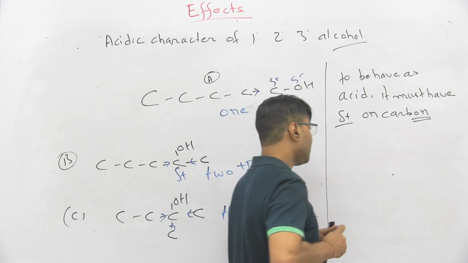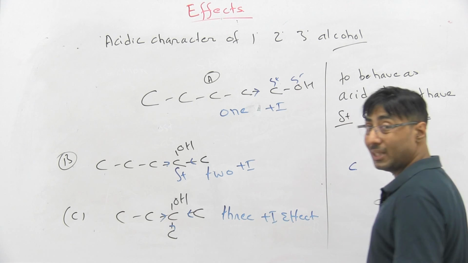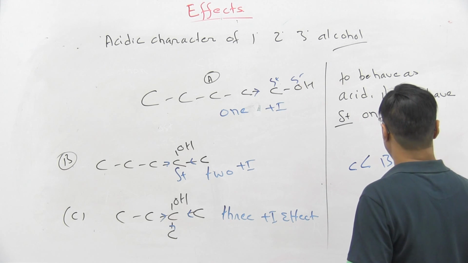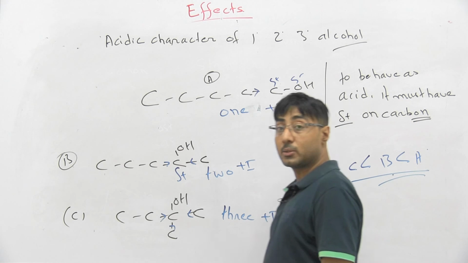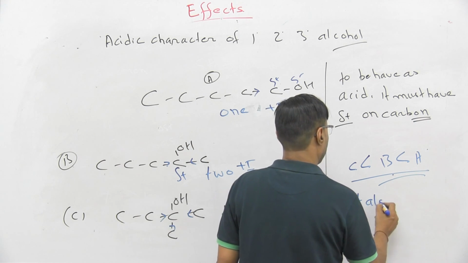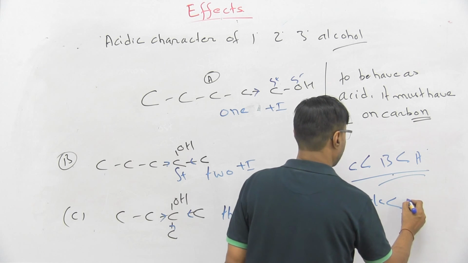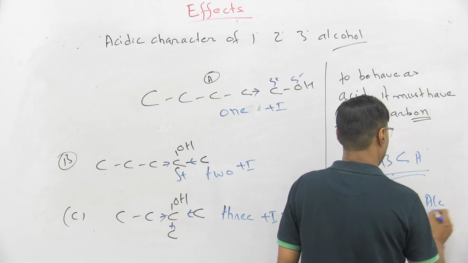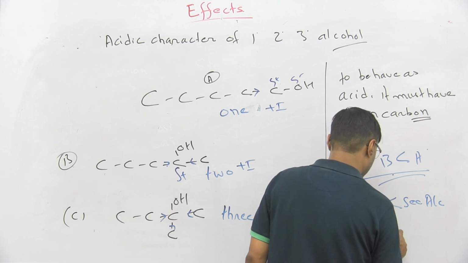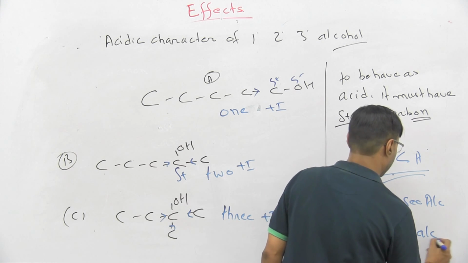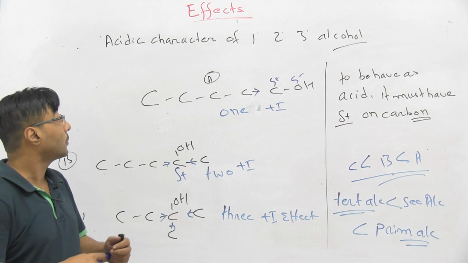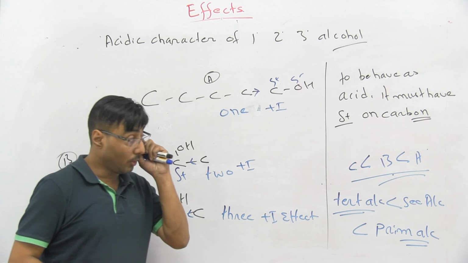So option C will be the least acidic, then option B, and A will be the most acidic. That's why we can summarize: tertiary alcohol, then secondary alcohol, and the strongest acid among these is primary alcohol, and it can be explained very easily on the basis of the concept of inductive effect. So we will continue from here.